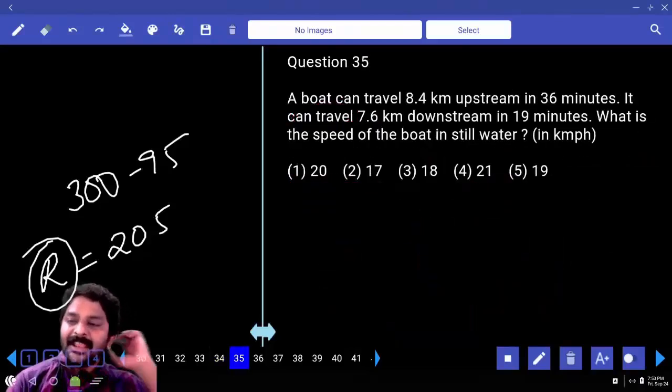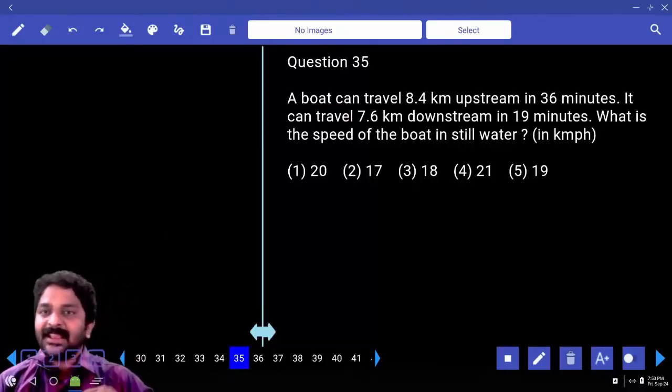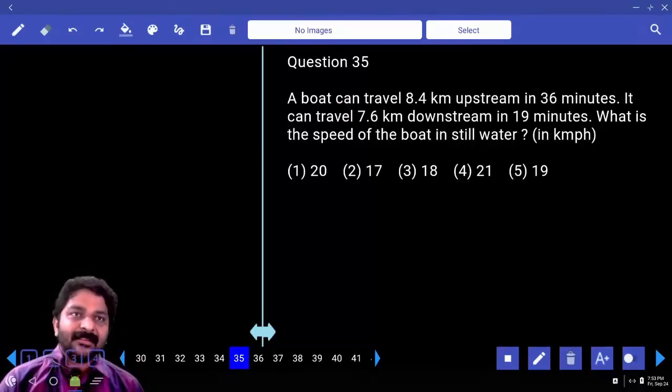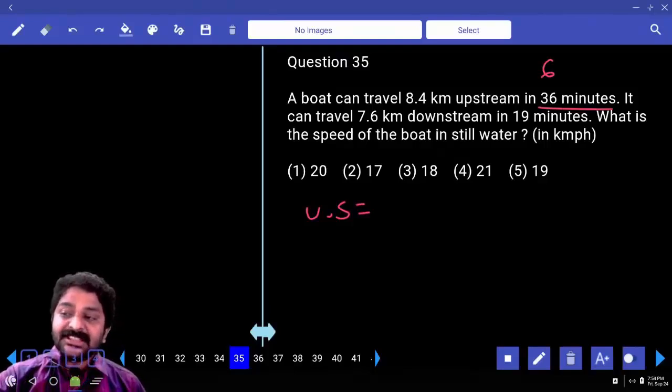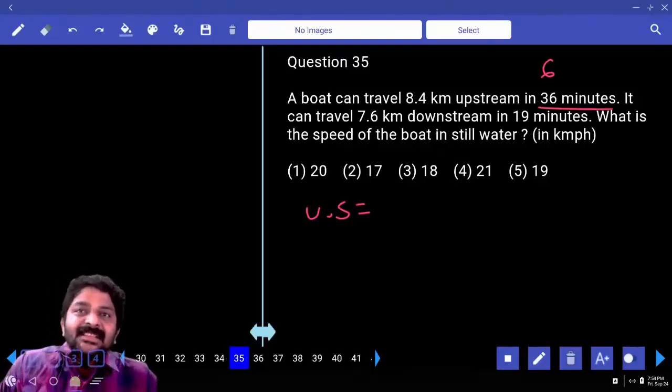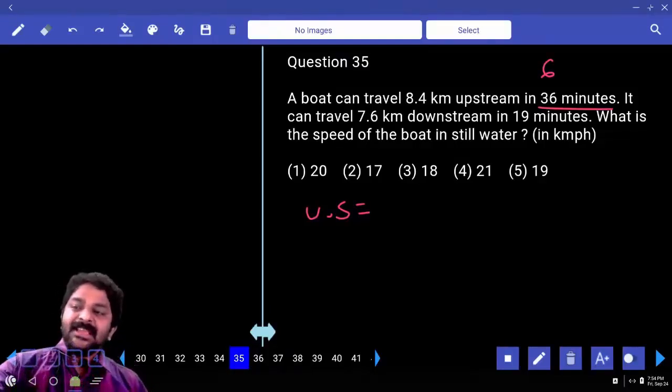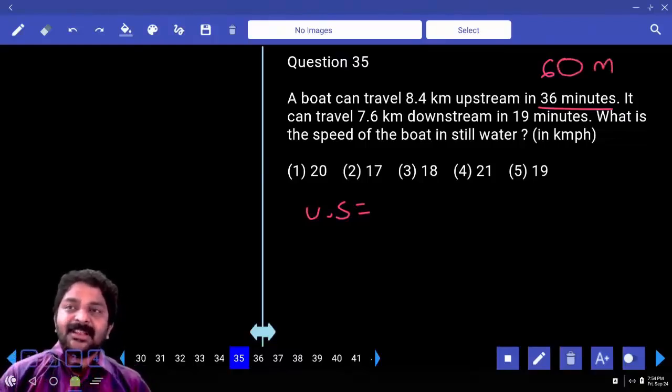A boat can travel 8.4 kilometers upstream in 36 minutes. How do we calculate speed here? Many times we discussed, we need 60 minutes. Using 36, how do you get 60? Divided by 6, into 10 will give you 60 minutes only.